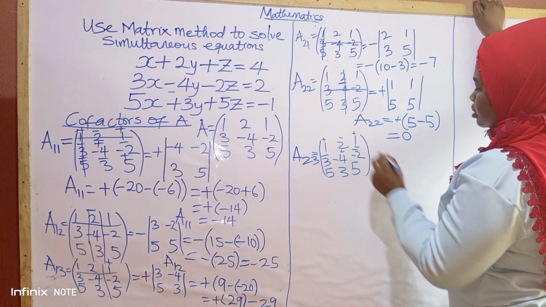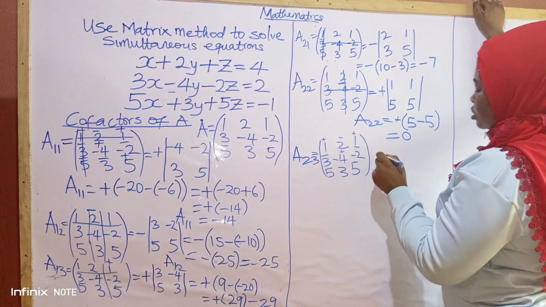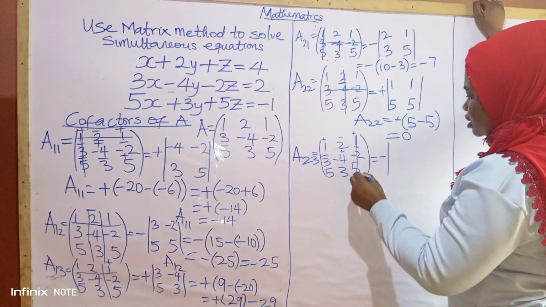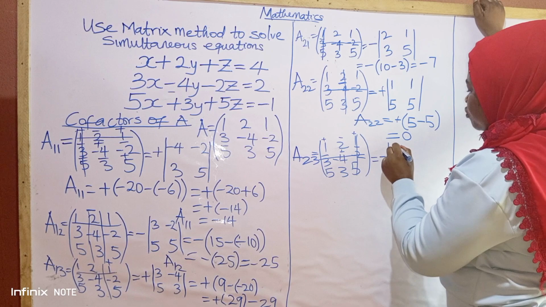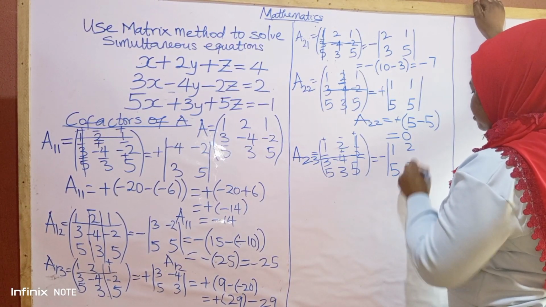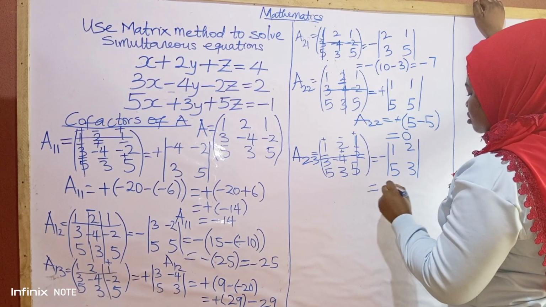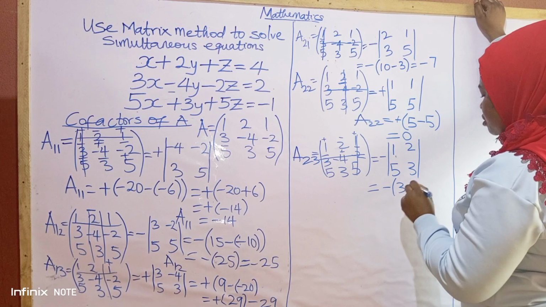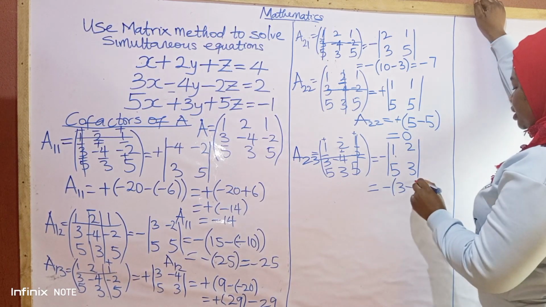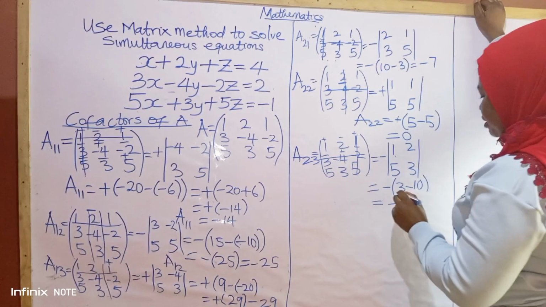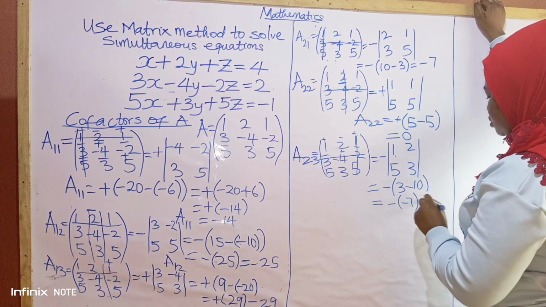So plus, minus. So this one has minus. So I have minus, then cover it like this, cover it like this. So I have 1, 2, 5, 3. So this is minus. So 1 multiplied by 3, 3, minus 5 multiplied by 2, 10. So I have minus multiplied by minus 7. So this is 7.